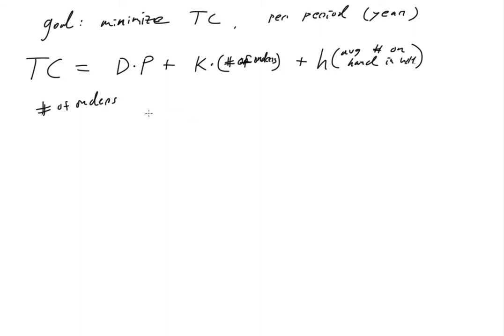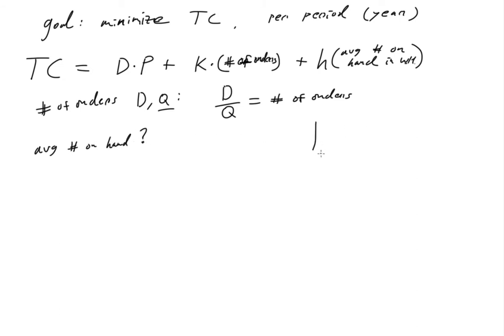The number of orders has to be basically related to D and Q. So basically, if D is the total number you're selling and you're ordering Q of them per order, then if I divide D by Q, that gives me the number of orders I'll make on average throughout the year. Okay, so that'll be the number of orders. And now, what about the average number on hand?